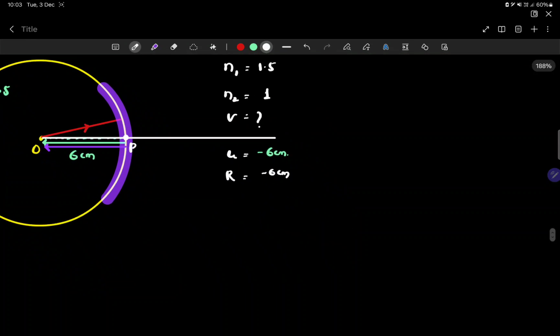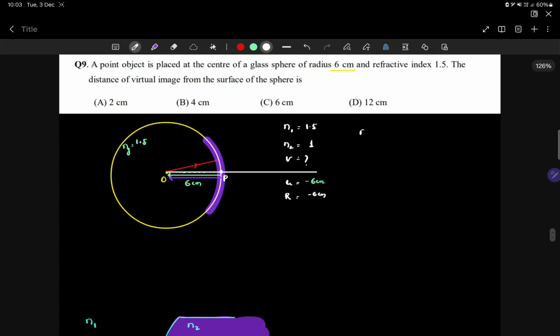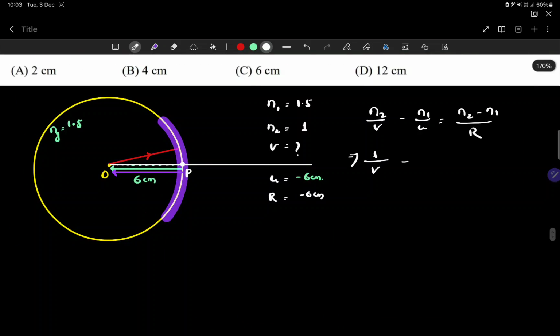So now we can use the formula for this question. N2 by V minus N1 by U is equal to N2 minus N1 by R. So now put the respective values. N2 value is 1, so 1 by V minus N1 value, 1.5 by minus 6, is equal to 1 minus 1.5 divided by radius of curvature minus 6.